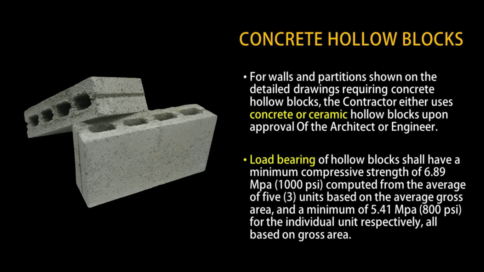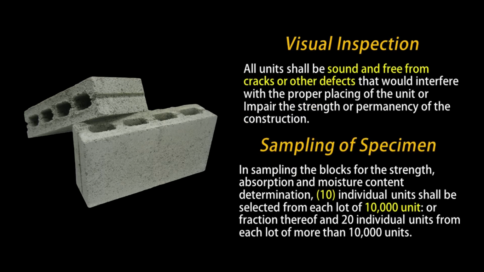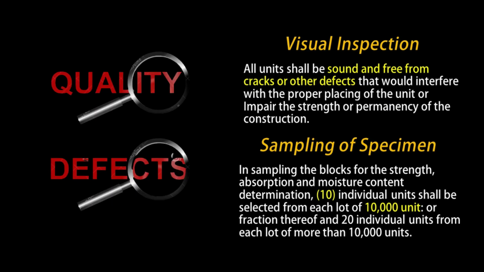The load-bearing hollow blocks shall have a minimum compressive strength of 6.89 megapascal, computed from the average of 5 units based on the average gross area, and a minimum of 5.41 megapascal for the individual unit respectively, all based on gross area. During visual inspection, all units shall be sound and free from cracks and other defects that would interfere with the proper placing of the units or impair the strength or permanency of the construction.